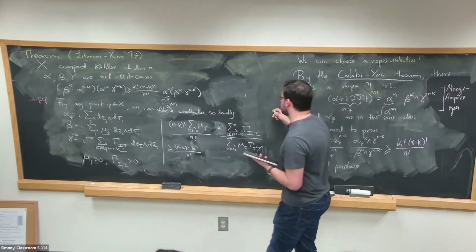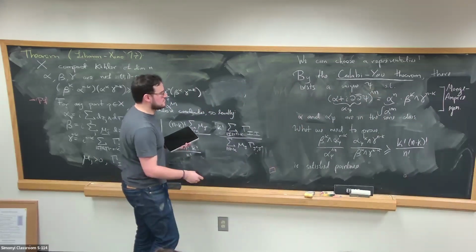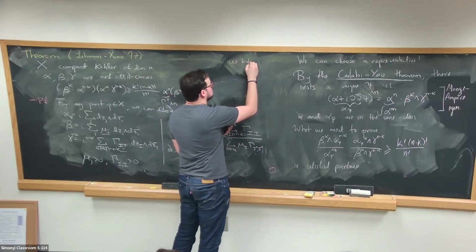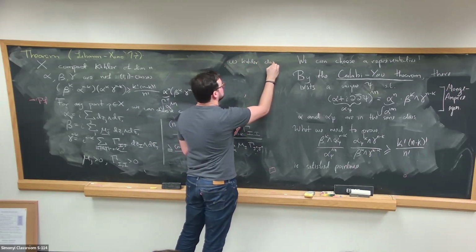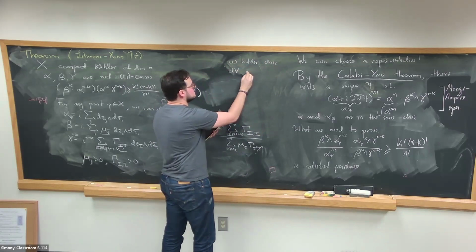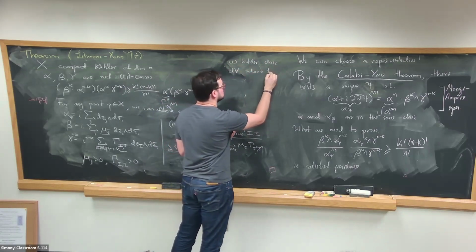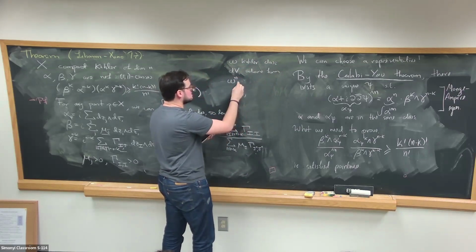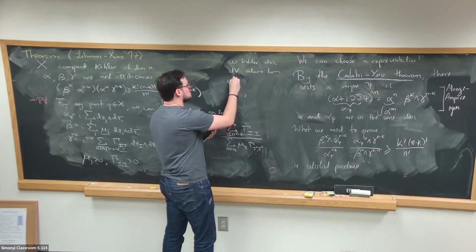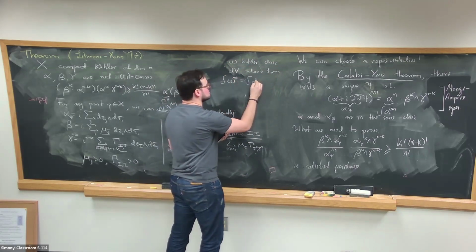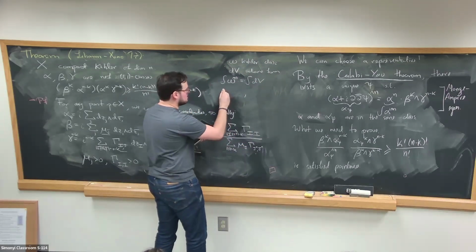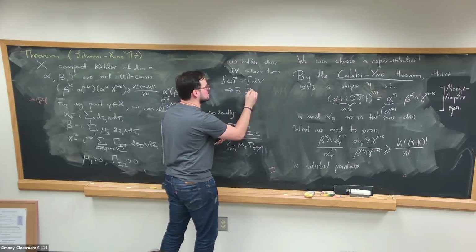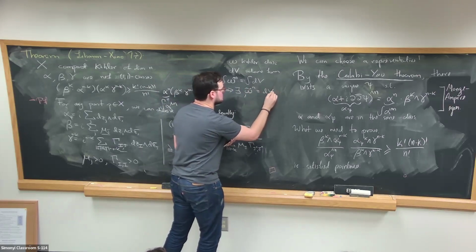The only versions of the Calabi-Yau theorem that I found were something like: if I have omega a Kähler class and a volume form, and omega to the n is the same as the integral of this volume form over here, then there exists a modification of omega, let's call it omega tilde, so that this is true.